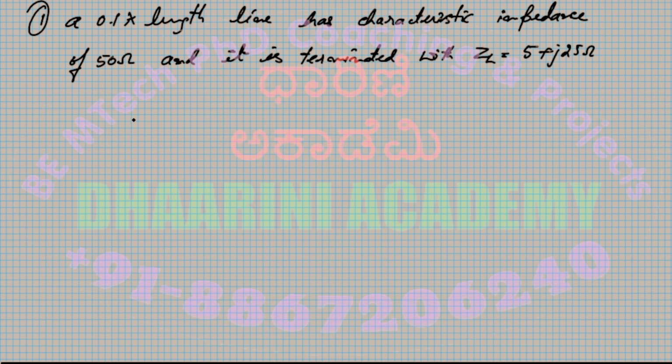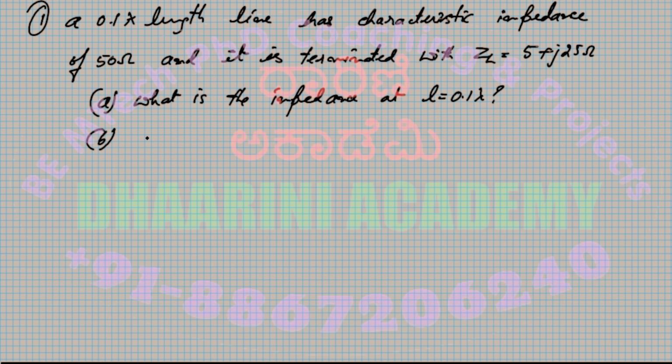Part A of the question: What is the impedance at L equal to 0.1 lambda? Part B of the question: Find VSWR.